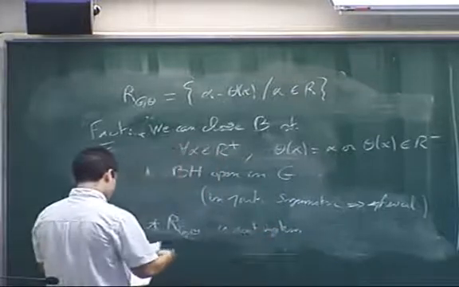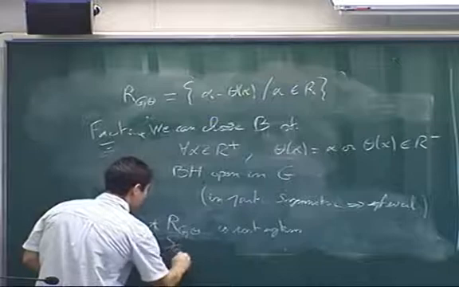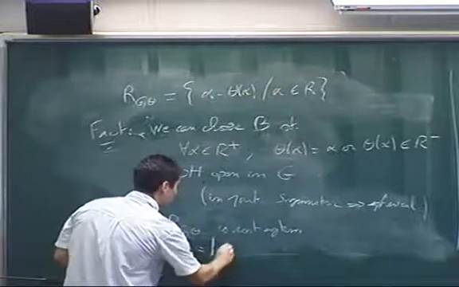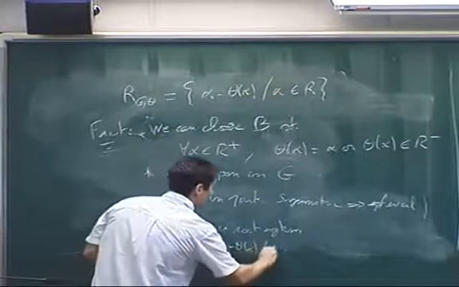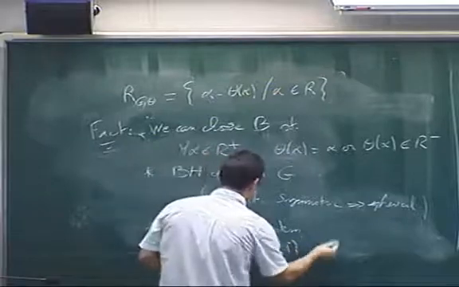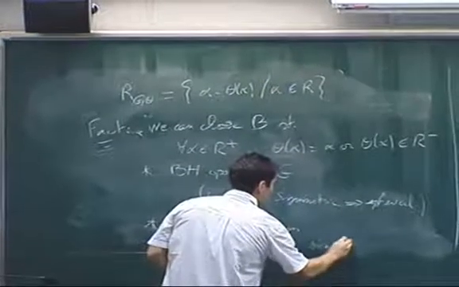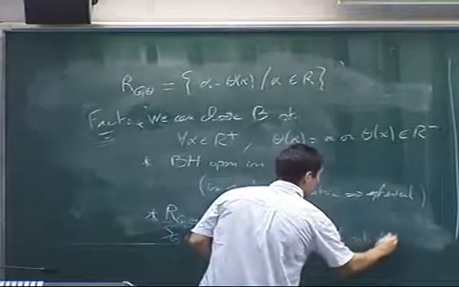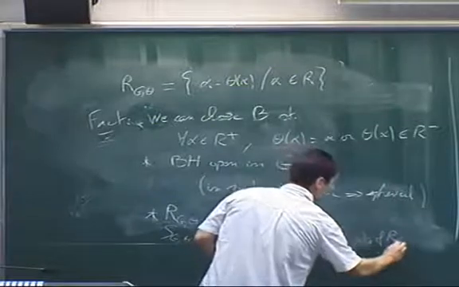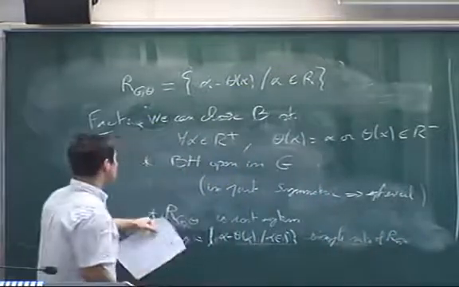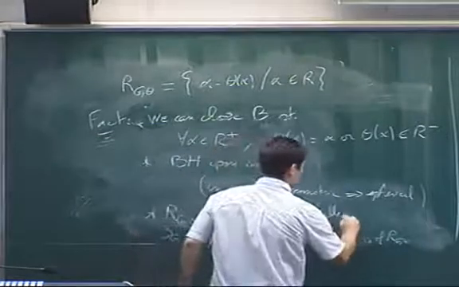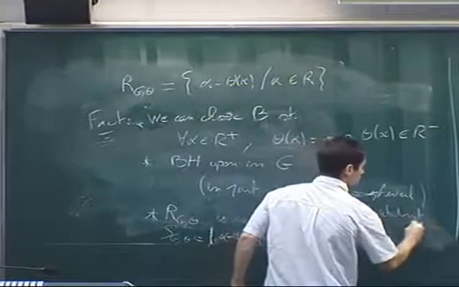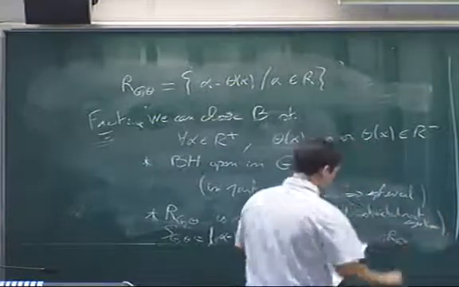We can define S, G, theta as the set of alpha minus theta alpha with alpha in S, and this is a set of simple roots of the root system R G theta. So R G theta is called the restricted root system.